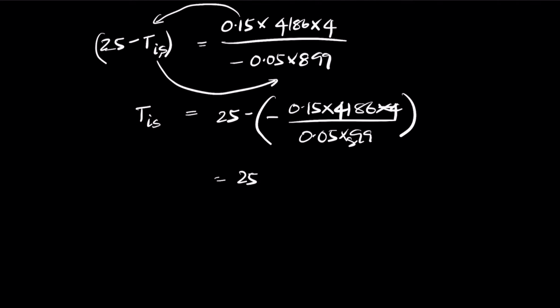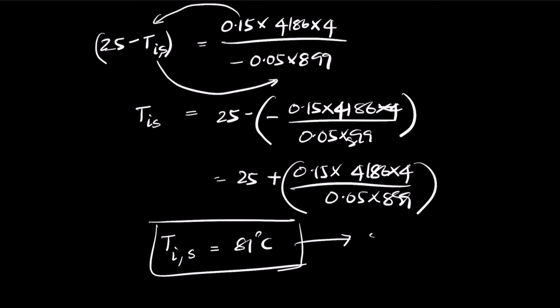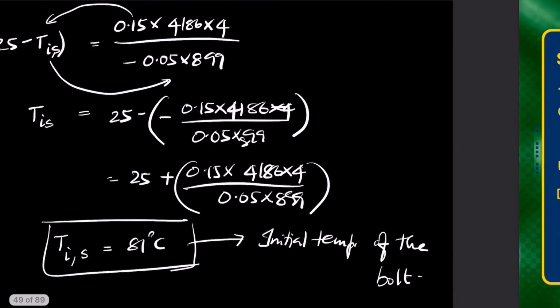So it will become 25 plus 0.15 times 4186 times 4 over 0.05 times 899. This one final calculation gives you a temperature of 81 degrees centigrade. So this is the initial temperature of the bolt. This is how you can use calorimetry to calculate unknown values.